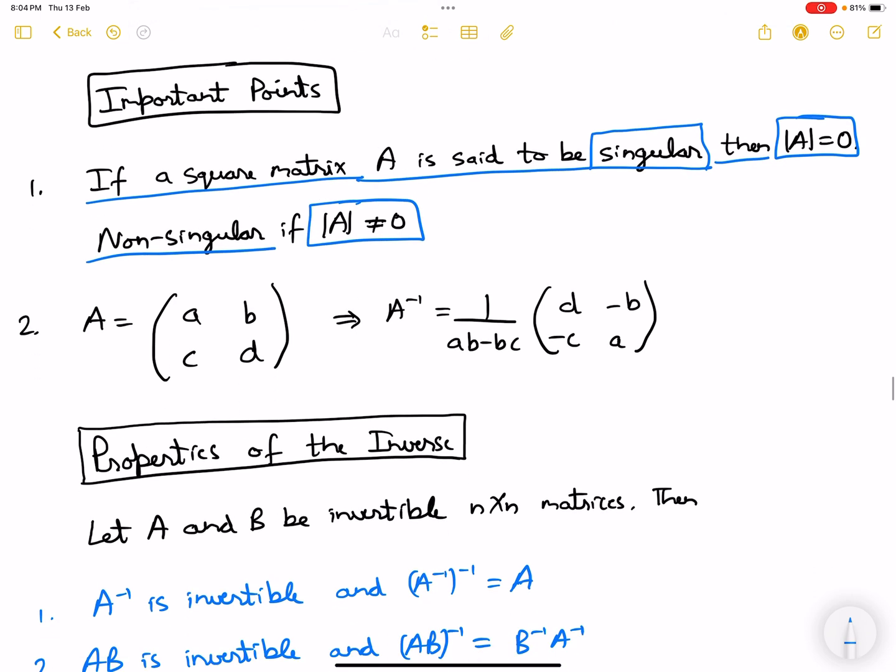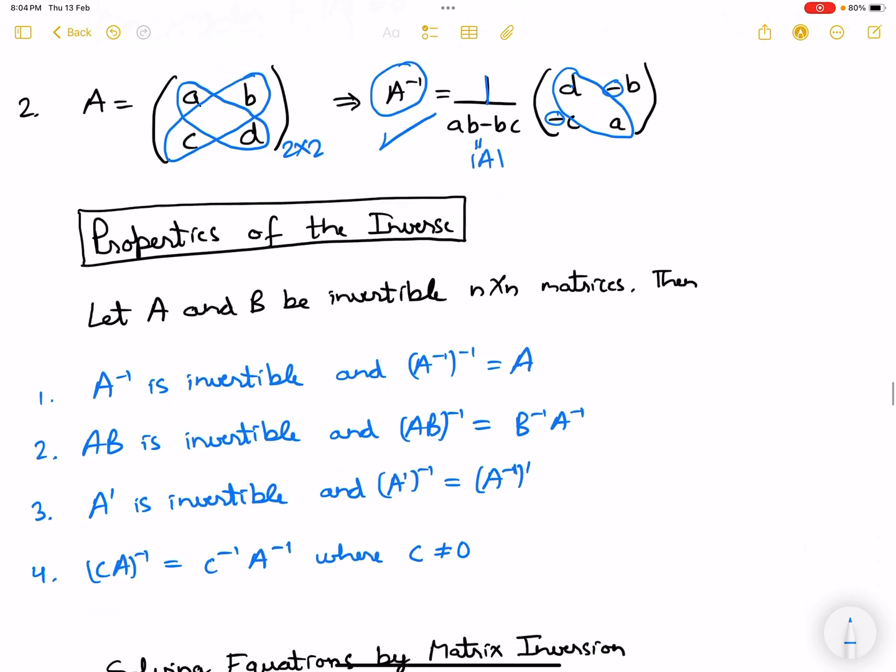And for a 2 cross 2 matrix, the inverse of A is 1 upon determinant A, and the diagonal elements are interchanged, and the off diagonal elements change sign. So minus B, minus C, and they have changed. So for 2 cross 2, this is a more convenient formula.